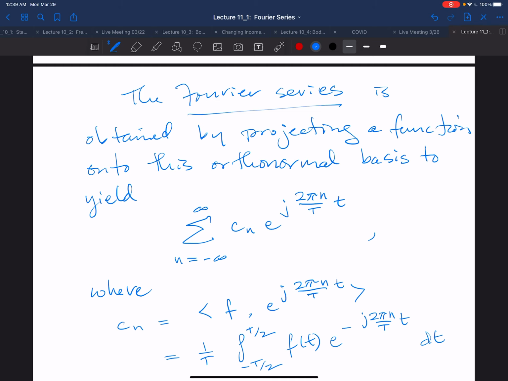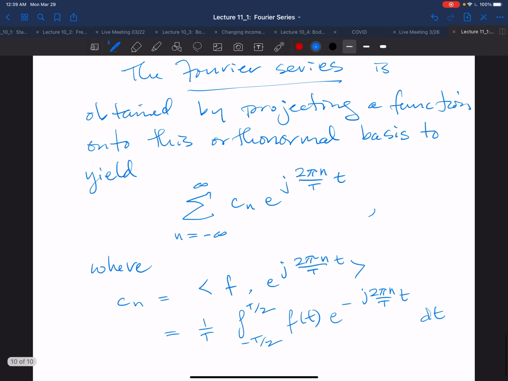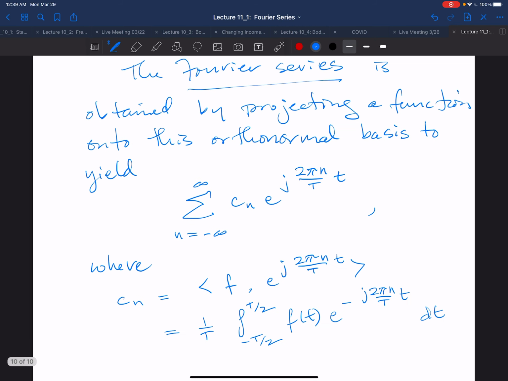So this is the definition of the Fourier series, and again you can think of it simply as a projection of a function onto the space spanned by these complex exponentials. The space for which those complex exponentials constitute an orthonormal basis.